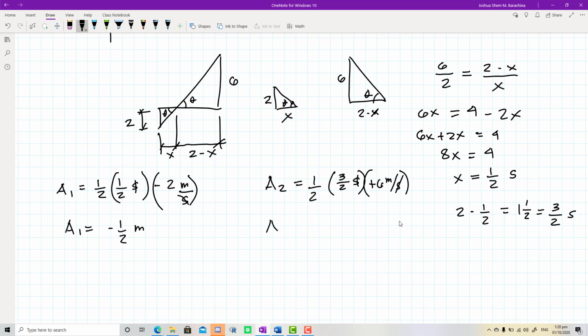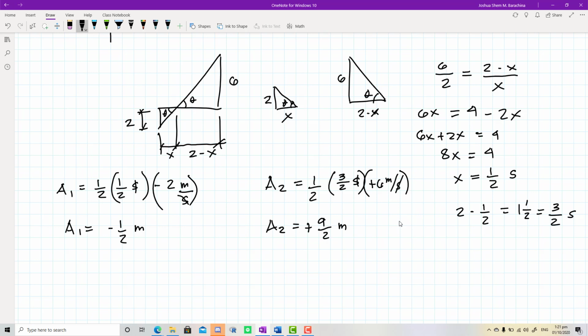Area sub 2 now is equal to, what is that? 6 times 3 is 18 divided by 4. 9/2. Can you still follow? 9/2 of a meter. So yan yung changes. Negative dito, positive dito, other one.